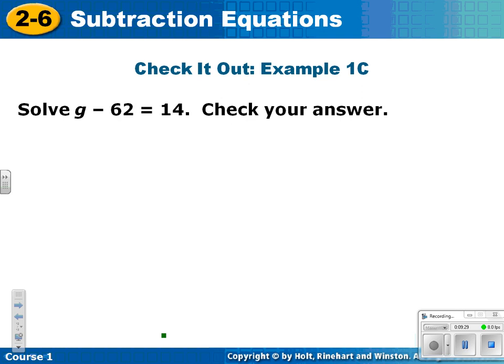Don't get in the habit of just because you have problems like G minus 62 equals 14 and you have to add 62 to both sides. I know that you guys know how to do this, but I warn you, on your homework, they may just throw an addition problem in there. They may all of a sudden just do a G plus 62 equals 14.